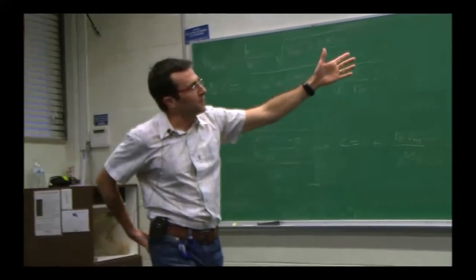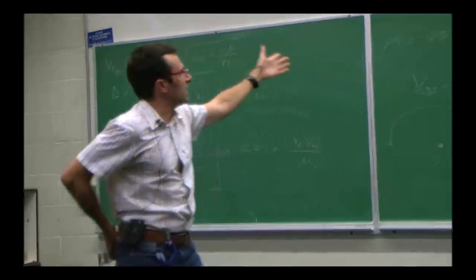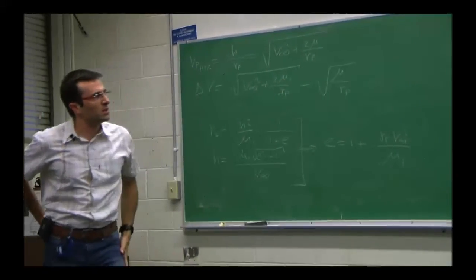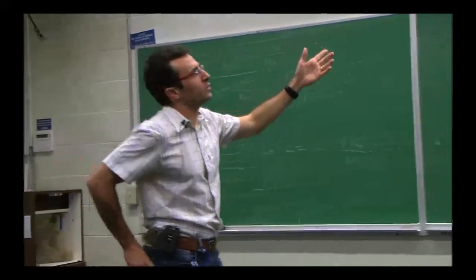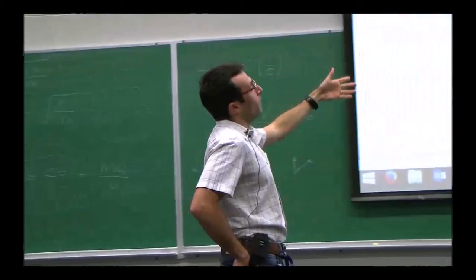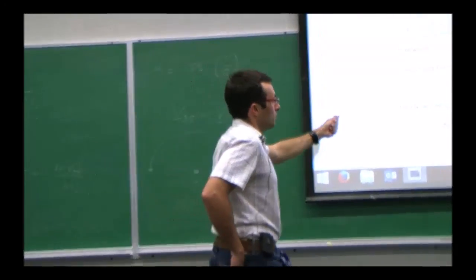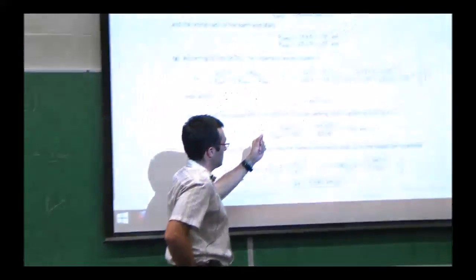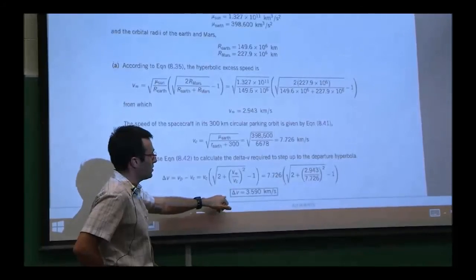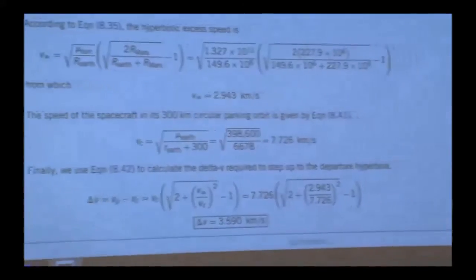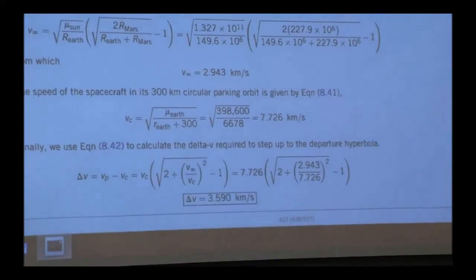I don't know if they go through the pain of actually computing the eccentricity and the beta angle. I don't think they do that, because all they are doing here is trying to basically impress us by how much fuel you need to have. So the actual delta V is right here. So this is what you are doing on that parking orbit. Burn an engine, go on the hyperbolic path.